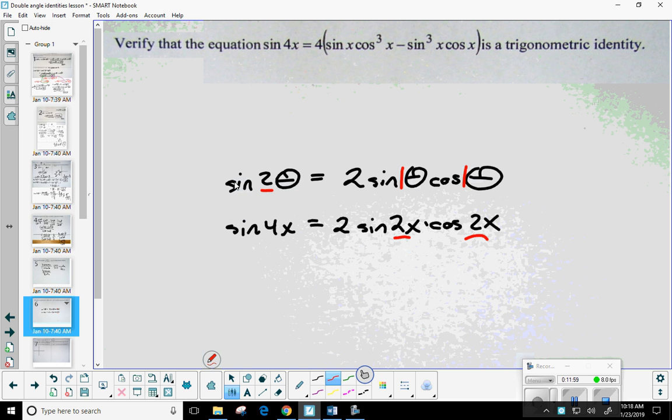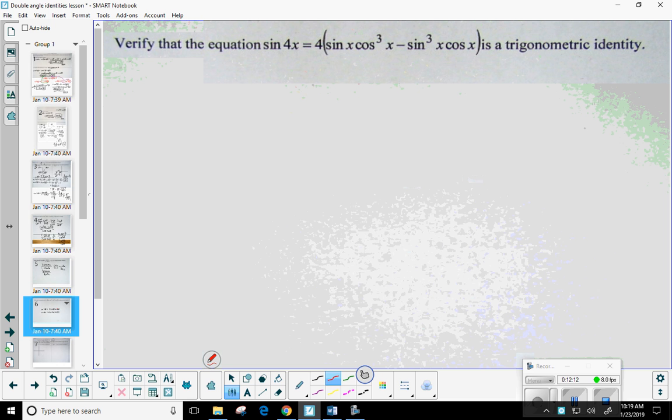So if I had something like sine of 6x, what would it become? 3x. Okay. So that could potentially help people out for this one. And at the end, depending on what Savion does or does not do, there is another identity I'm going to show you that helps with that. I'm going to kind of prove it. Okay. All right. So Savion, I will turn it over to you.